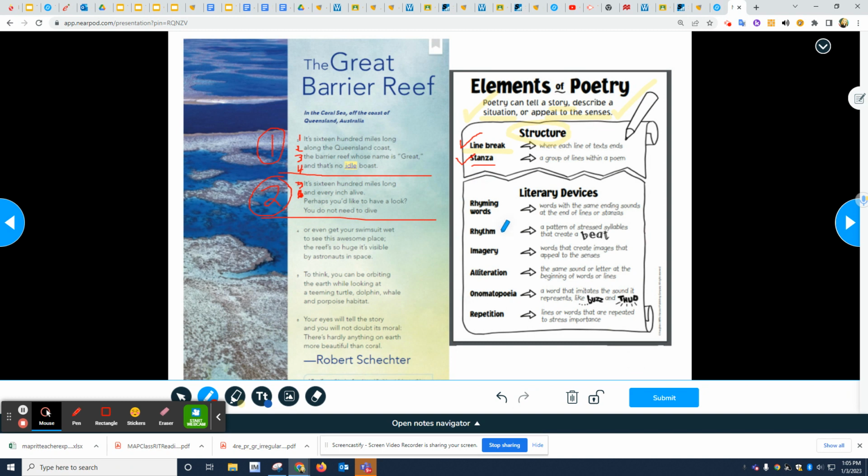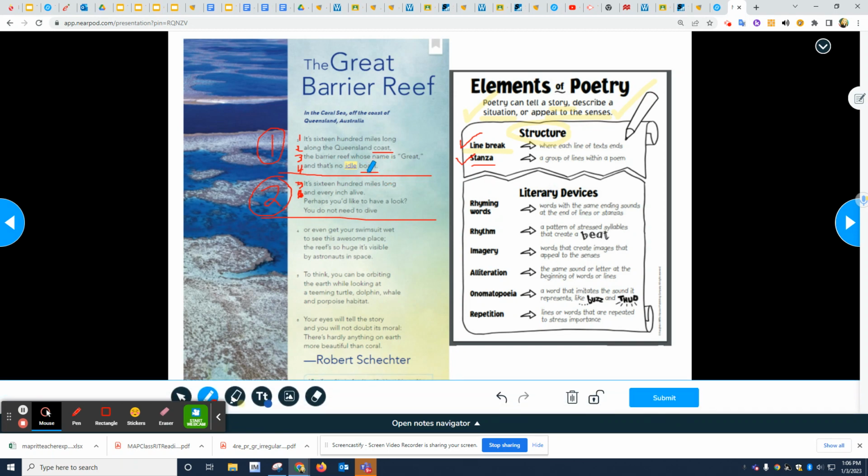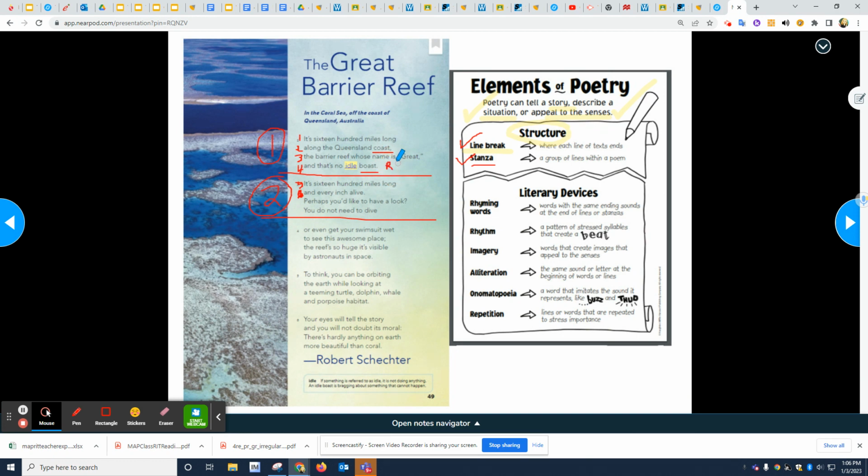Now, I'm going to challenge you to find rhyming words, rhythm, imagery, alliteration, onomatopoeia, and repetition. I'm not sure you'll find all of them, but try to find as many as you can. When you find one, like right here, coast, boast. Well, coast and boast rhyme, so I'm going to put an R by that because that's rhyming.